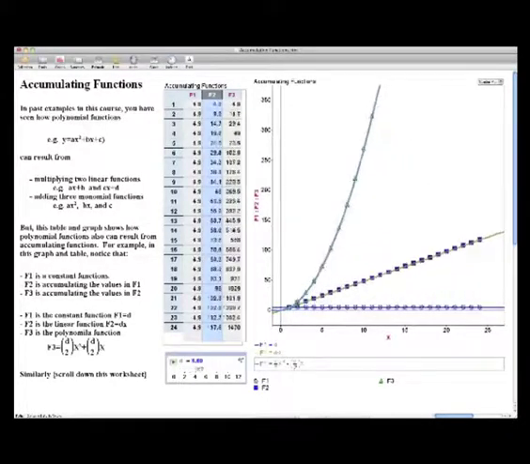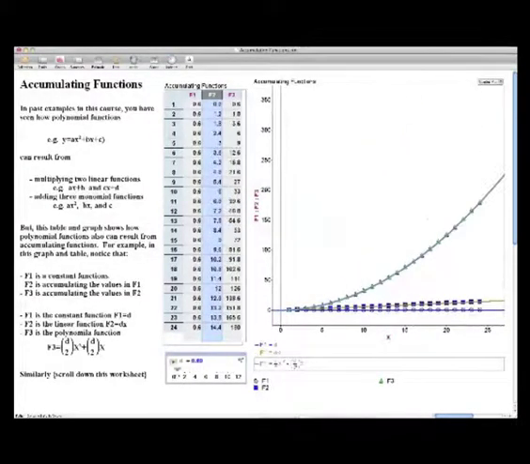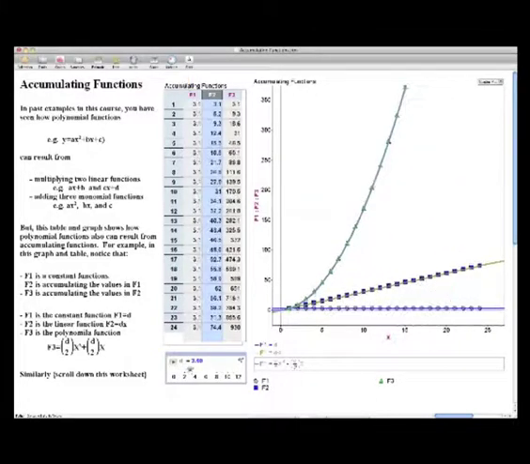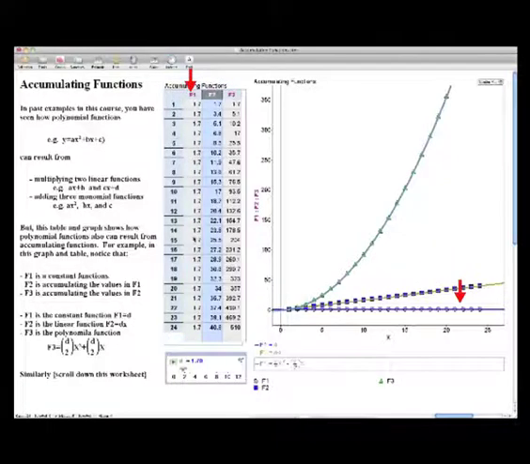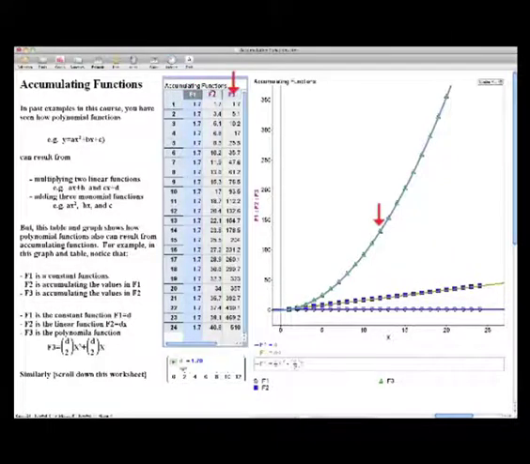For example, in this graph and table, notice that f1 is a constant function. f2 is accumulating the values in f1, and f3 is accumulating the values in f2. Furthermore, they also show that f1 is the constant function, f2 is the linear function, and f3 is the polynomial function.